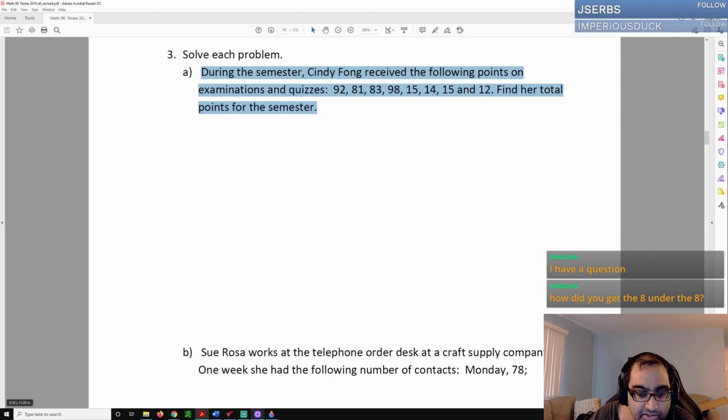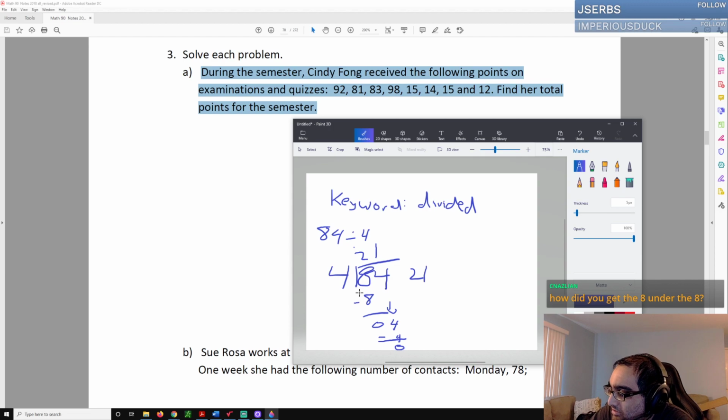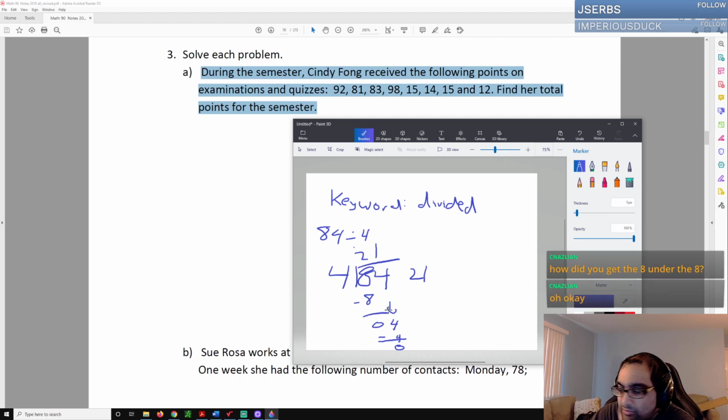How did they get the 8 under the 8? Ah, yes. Because 4 goes into 8 twice exactly. So 4 times 2 is the 8 here. So I did 8 minus 8 here for that. That's how I was able to get that. And I still bring the next number down regardless. So even if you get 0, you have to bring that next number down.